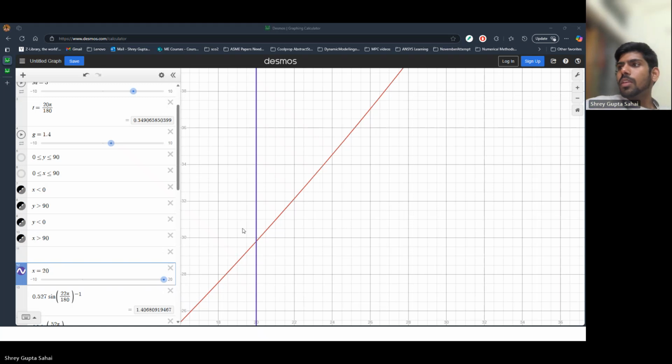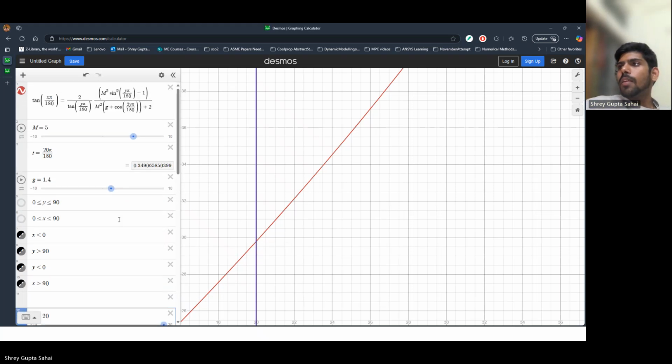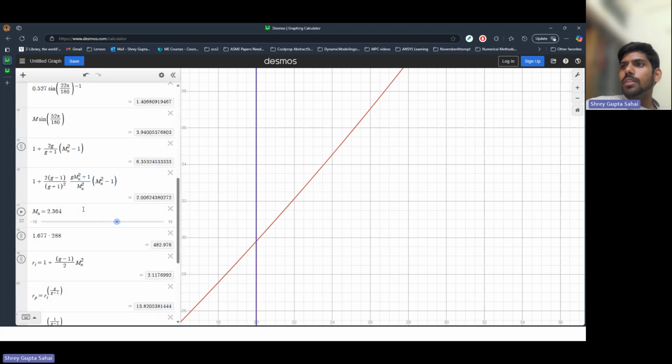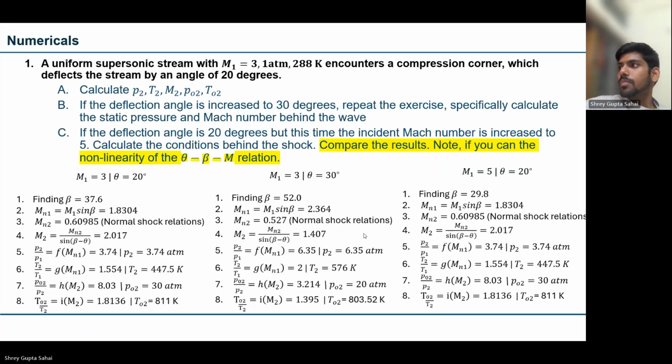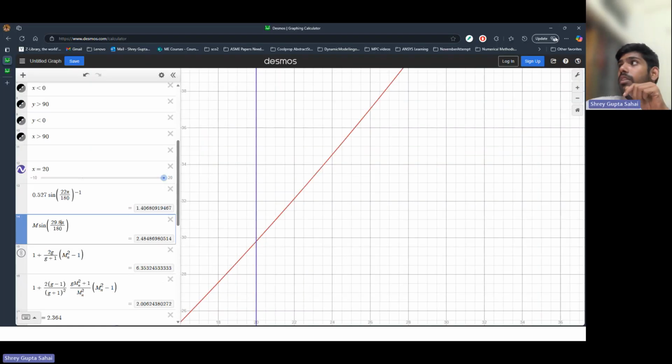Now let's calculate Mn1 for 29.8. Mn1 comes out to be 2.484.